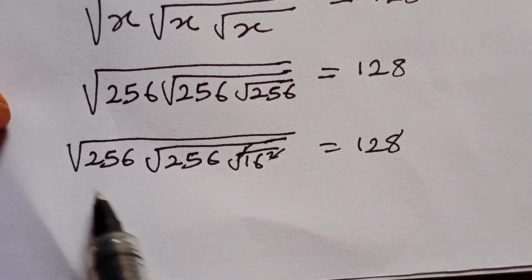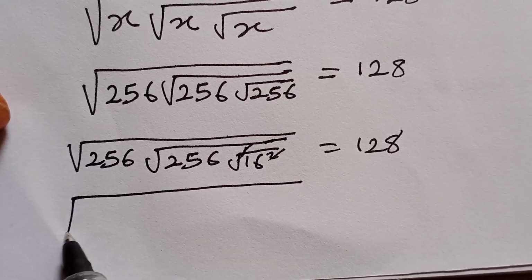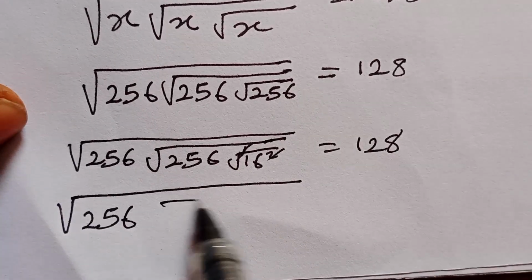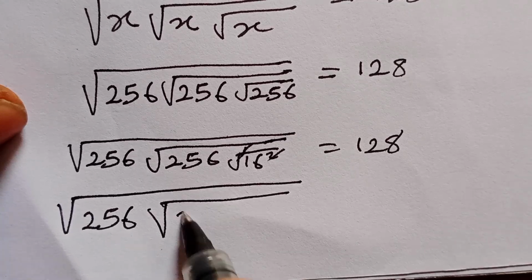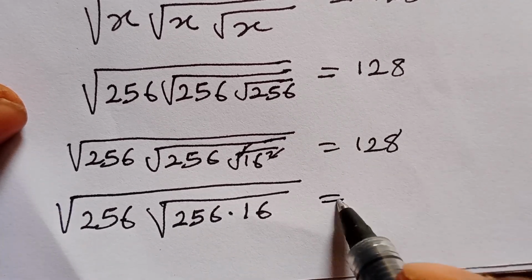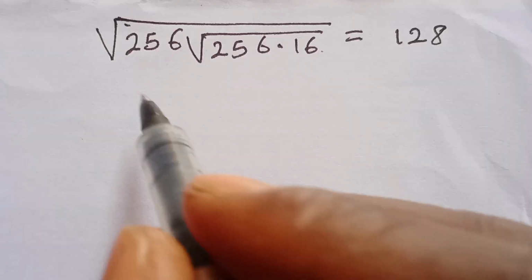So now I have square root of 256 square root of 256 times 16. Everything should now be equal to 128.